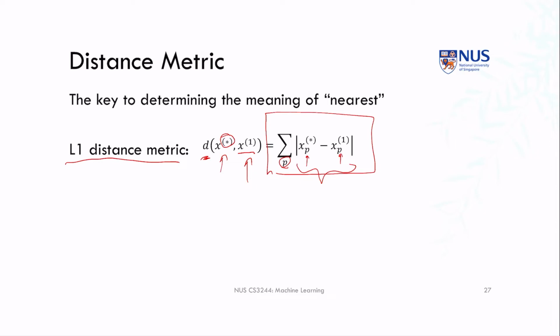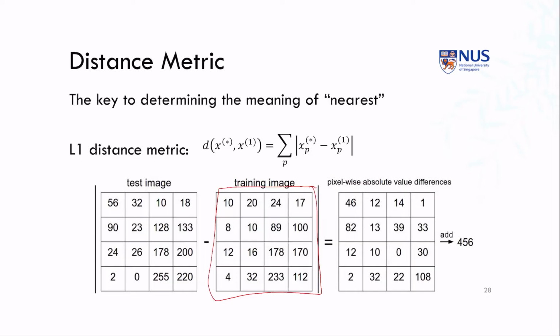To show you this, we can expand, let's say, the upper left-hand corner of an image. For our particular training image, our X1, we have these values over here, and for a particular testing image, we have these values over here. All we're going to do is compute a pixel-wise absolute difference. We can pick any one of these.